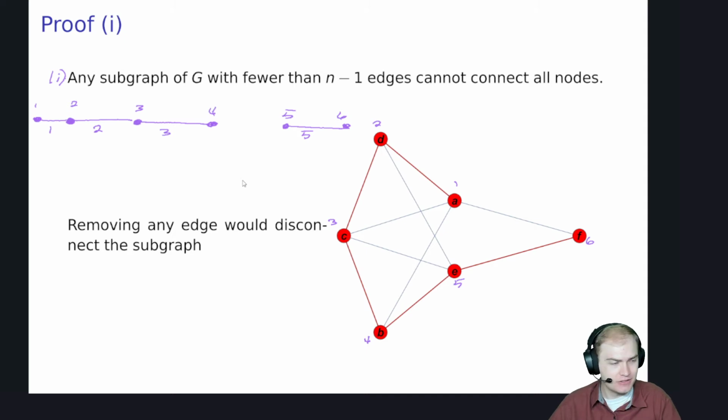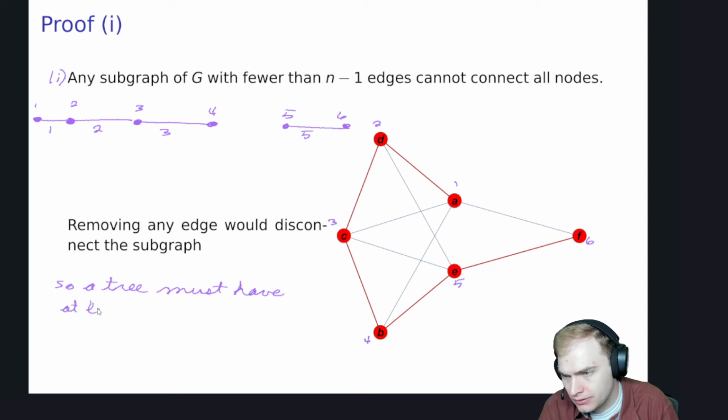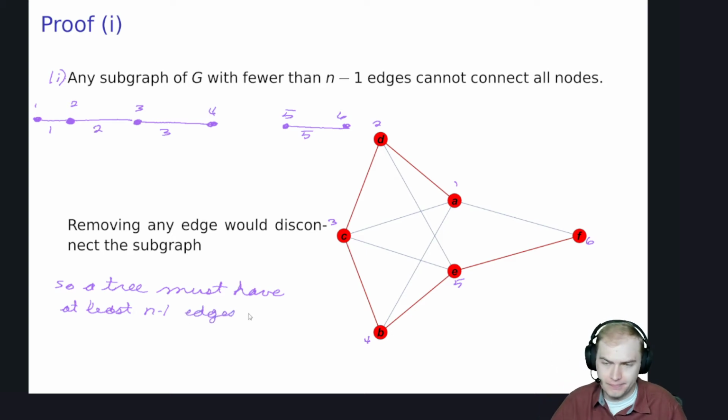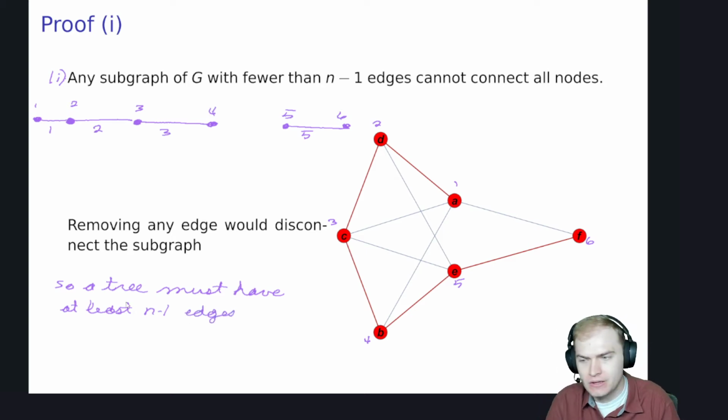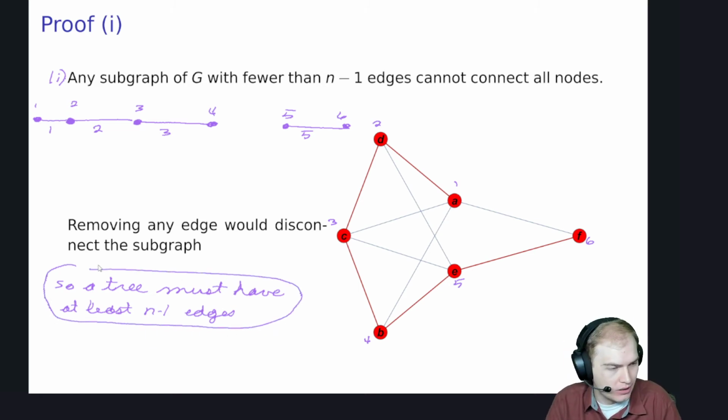So a tree must have at least n minus 1 edges. That's the real result in the context of this problem. Our spanning trees will have at least n minus 1 edges.